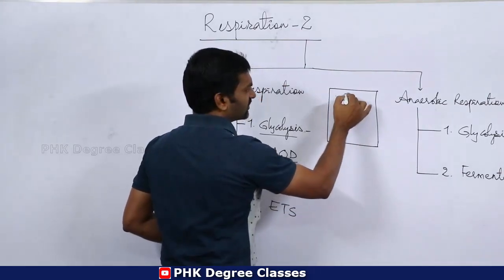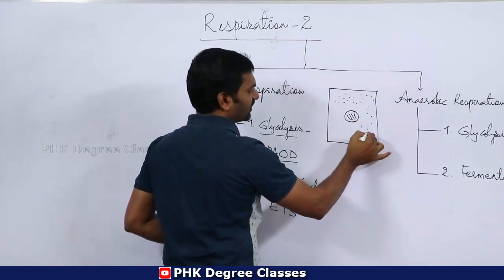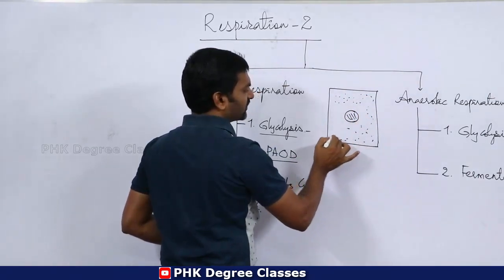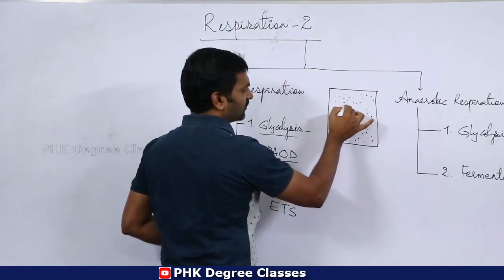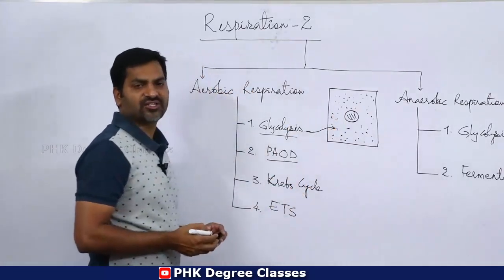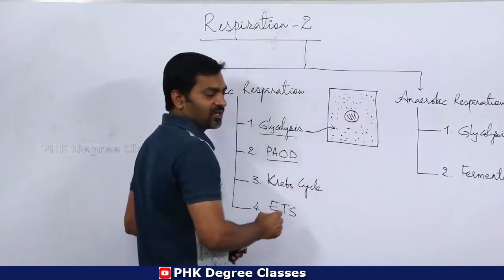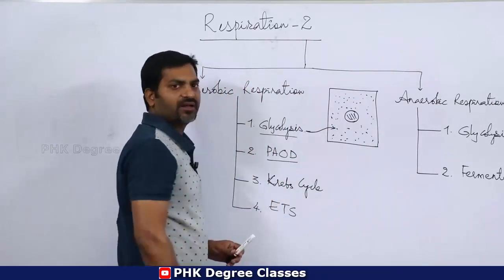There is a fluid or liquid substance inside the cell, which is called cytoplasm. Glycolysis occurs in the cytoplasm of the cell.